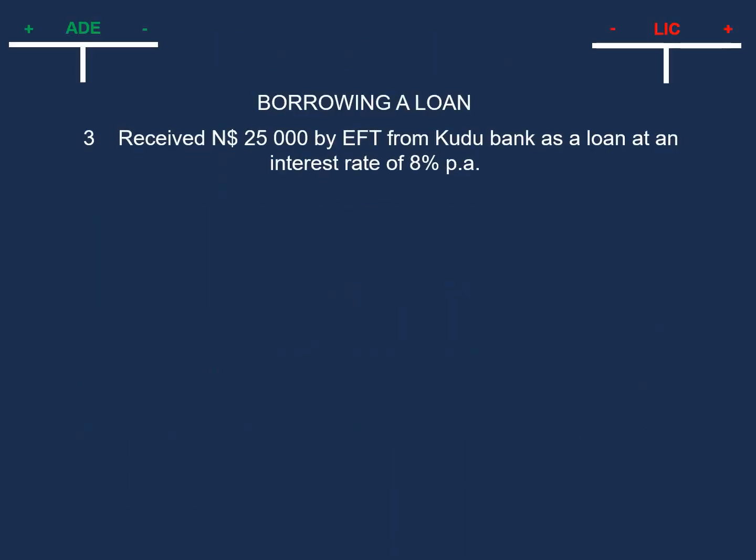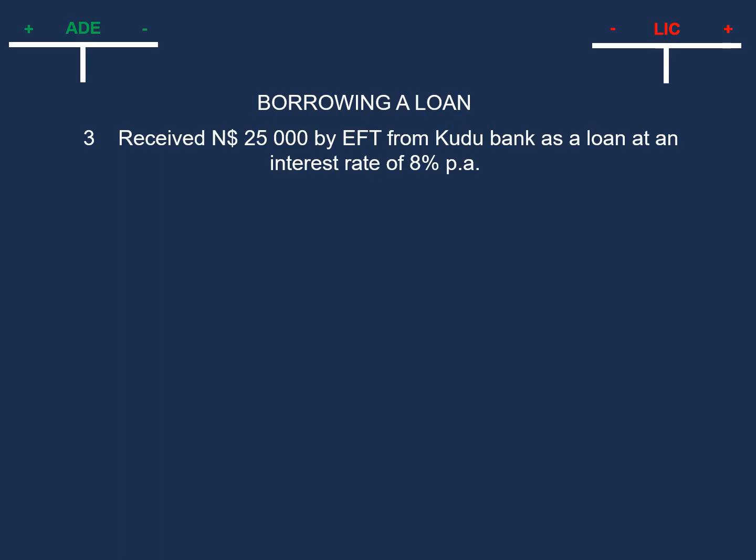On the 3rd, received 25,000 Namibian dollars by EFT from Kudu Bank as a loan at an interest rate of 8% PA, which stands for per annum, which means per year.